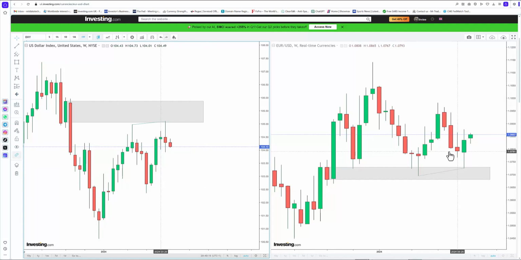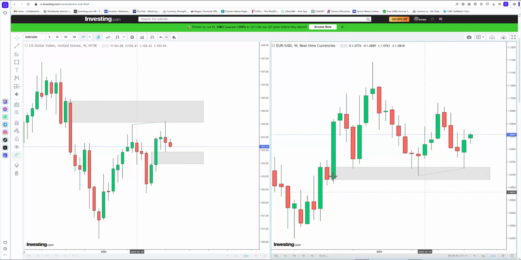Now, if you are saying you're bearish on dollar index, where is your target? Internal range liquidity of sell stops. You can see that that's the target. That's where you should anticipate dollar index to trade to. And if you look at Euro USD, where is Euro USD heading?